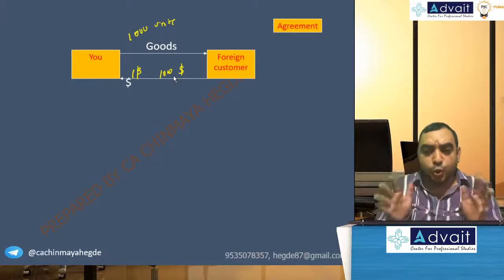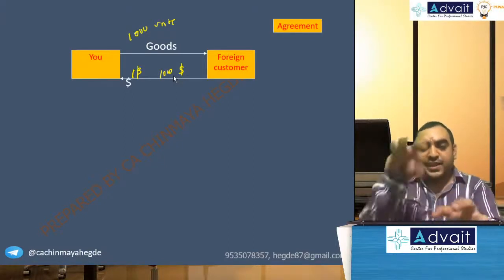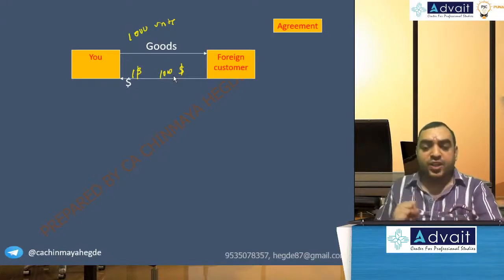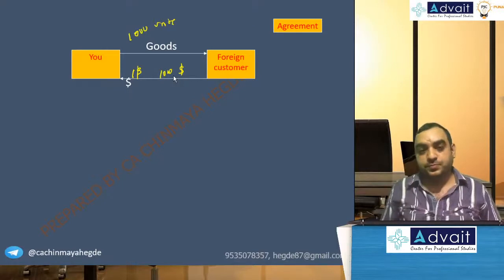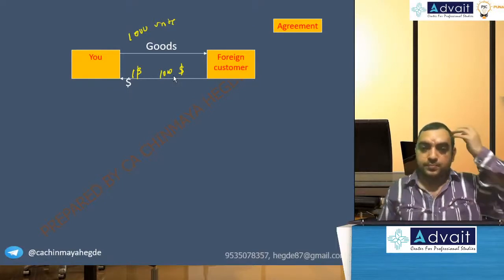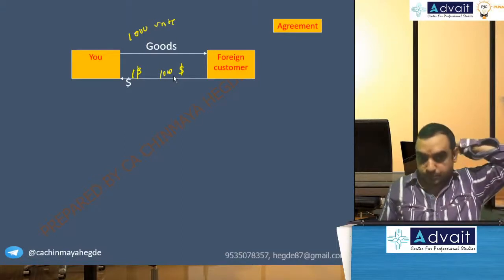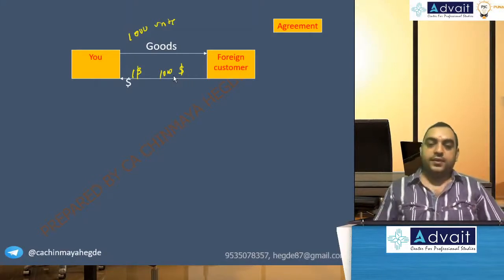Are those two transactions very clear? I'm selling goods, getting dollars. Can you confirm it? Okay.